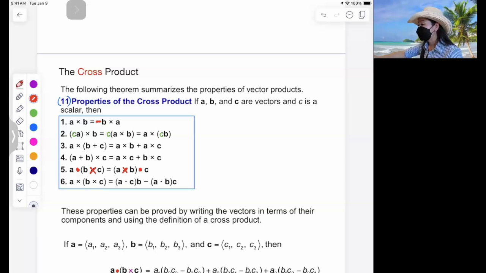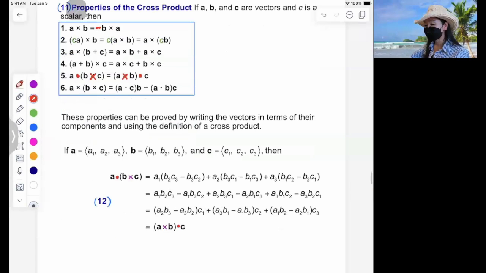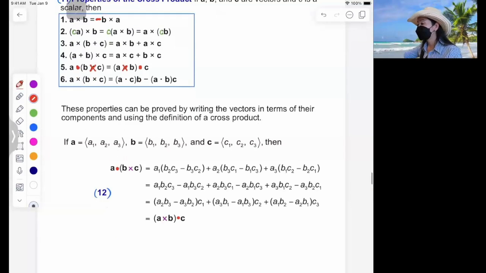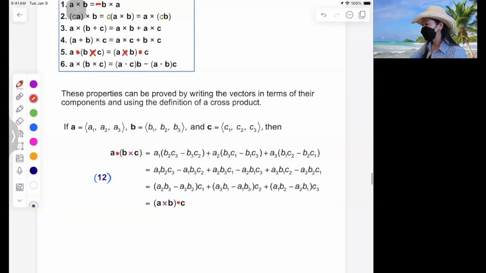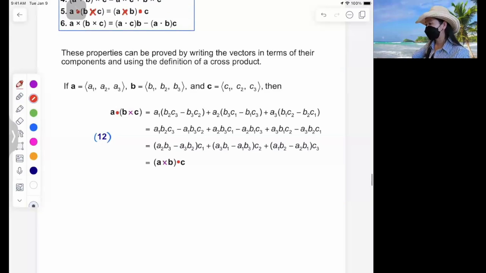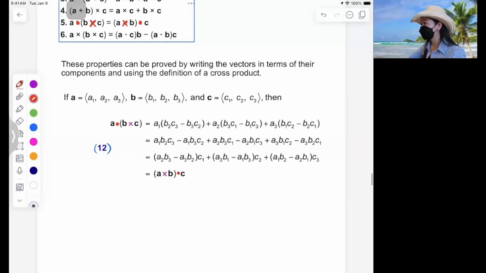And then here A cross B cross C is this. Kind of interesting, right? Now for number 5, here is a proof for this property. The rest I didn't prove, but if you want to look up the proof, you can try to prove it yourself, and it is true. Trust me.